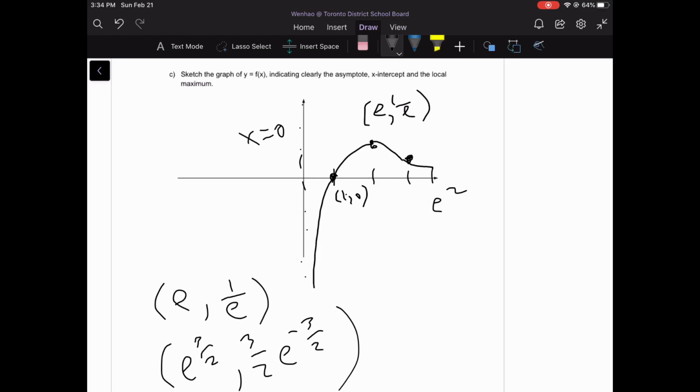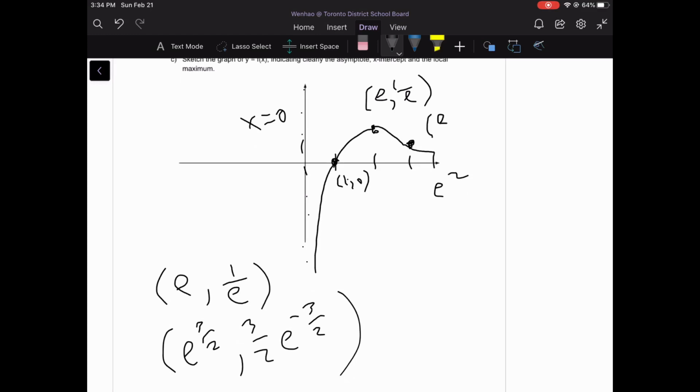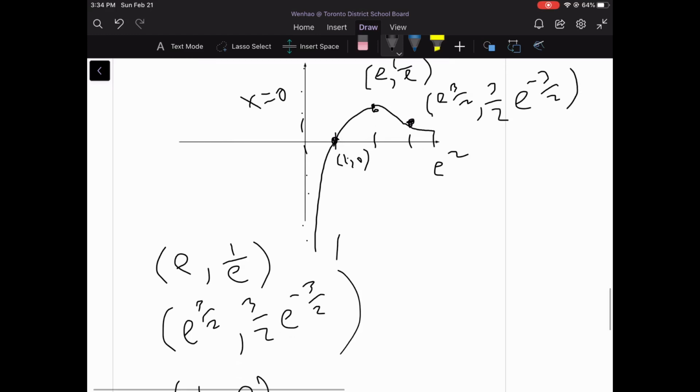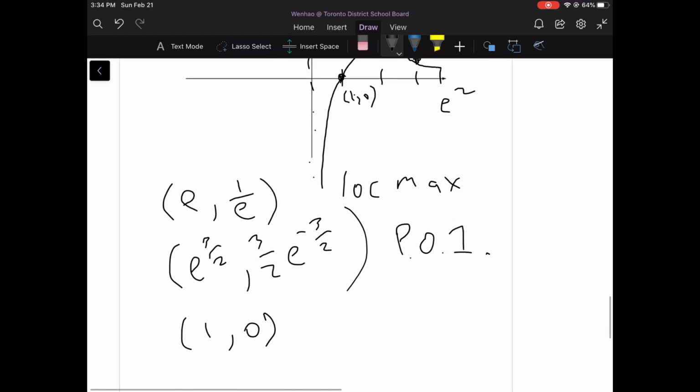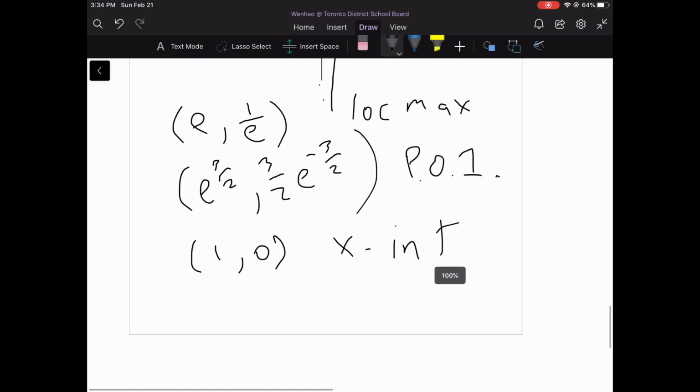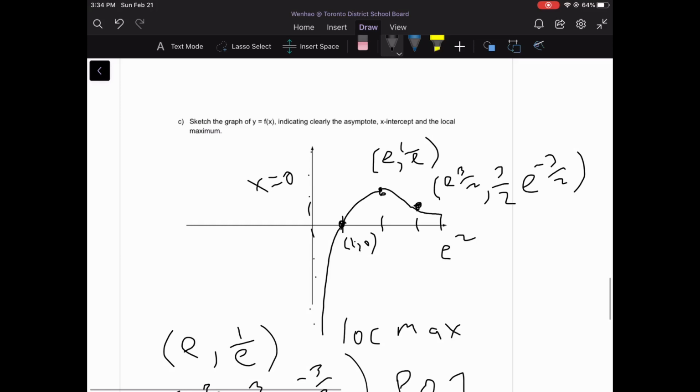And this point is e to the 3 over 2, 3 over 2 e to the negative 3 over 2. This is the local max, this is the point of inflection, and this is the x-intercept. Alright, and this question just wants a rough sketch, so it looks something like this.